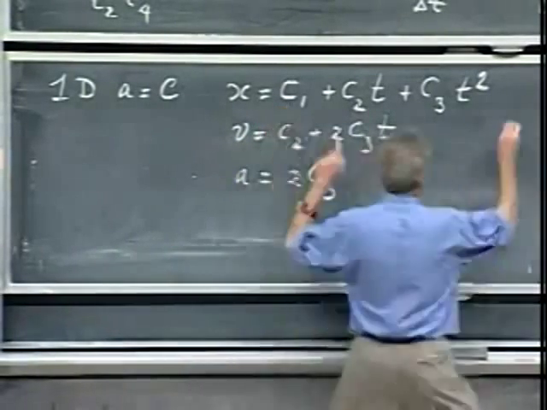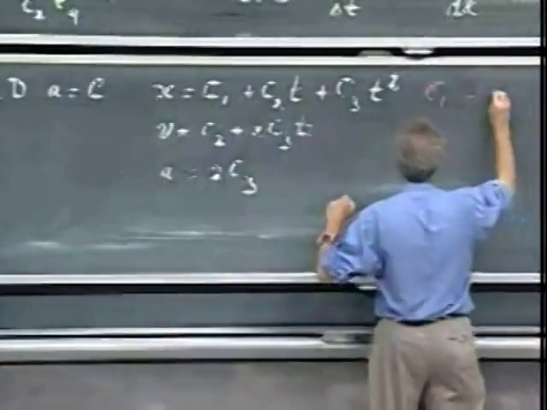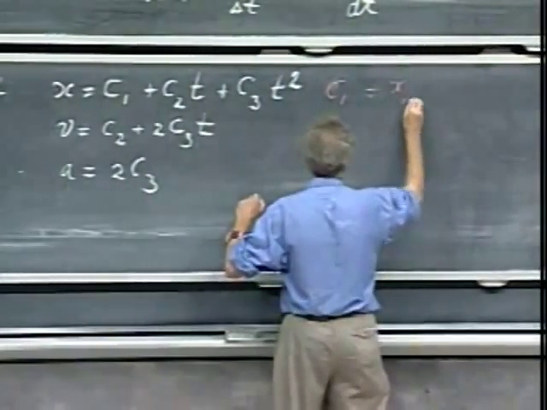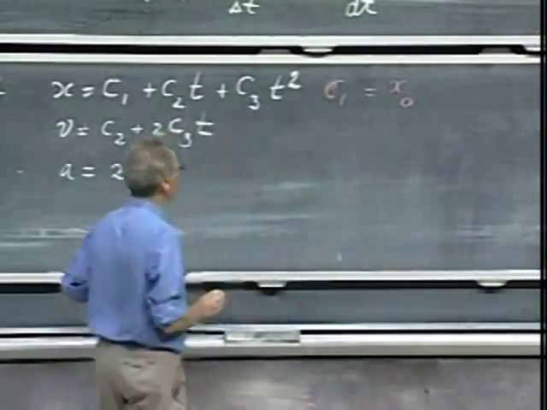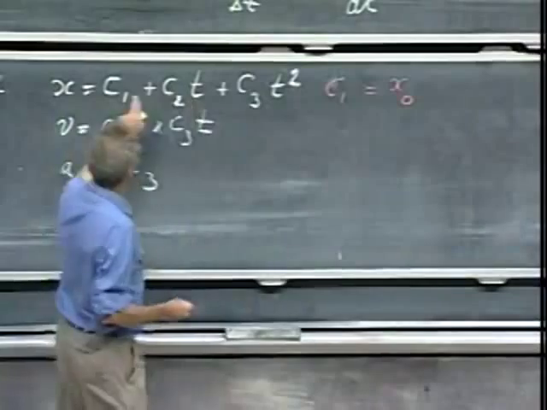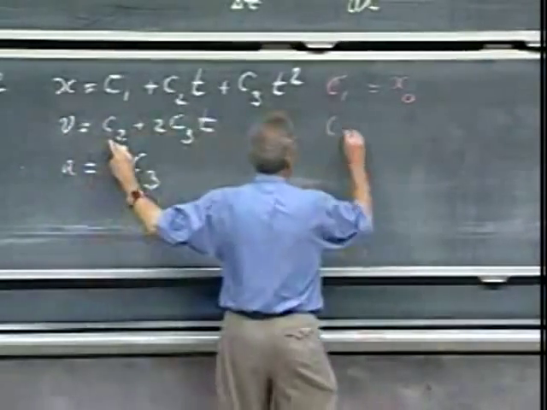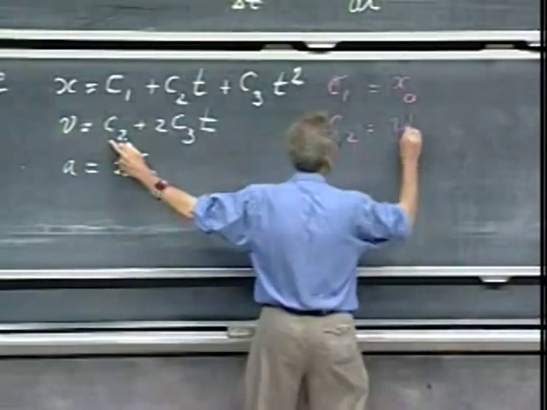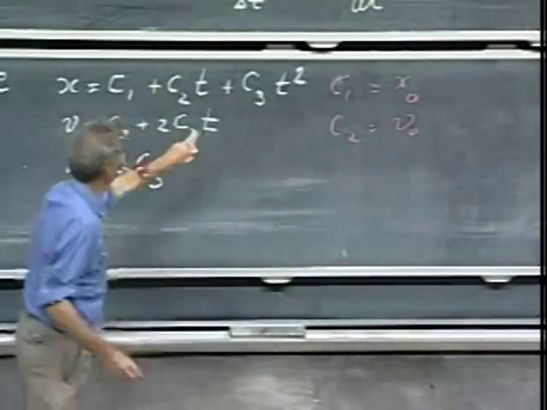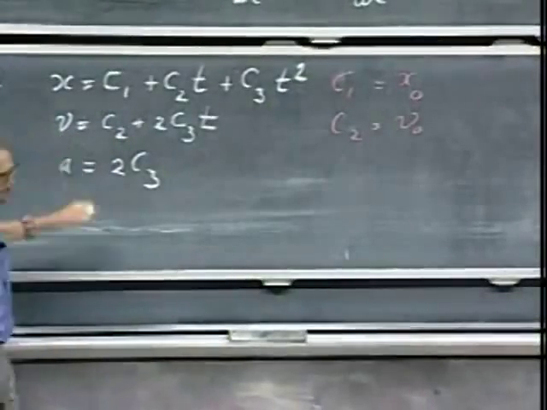Clearly, c1 is the position of x at time t equals 0, for which we often write x0, because when t is 0, that is where x is. c2 is really the velocity at time t equals 0, because when t is 0, that's when c2 is v.